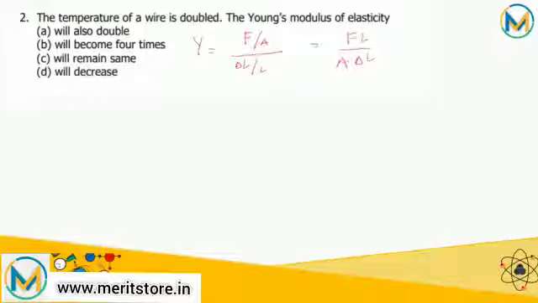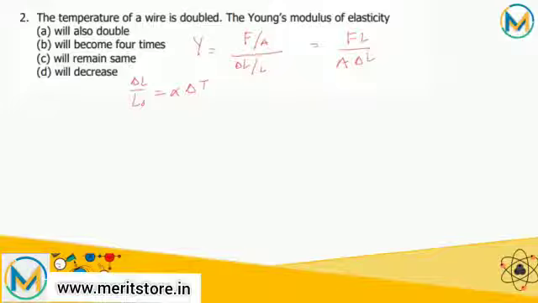The fractional change in the length of the material is defined as delta L upon L naught, which is equal to alpha delta T, where delta T is the change in temperature, L naught is the original length, and alpha is the coefficient of linear expansion of the given material.